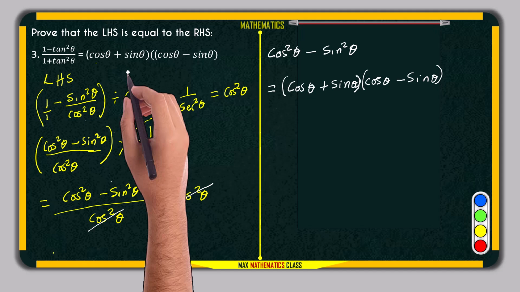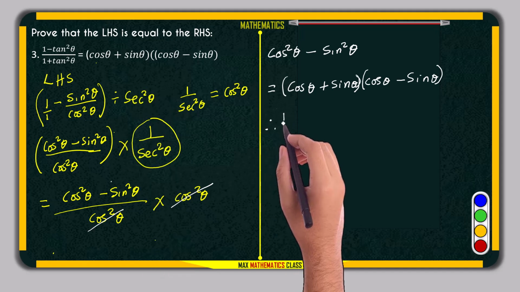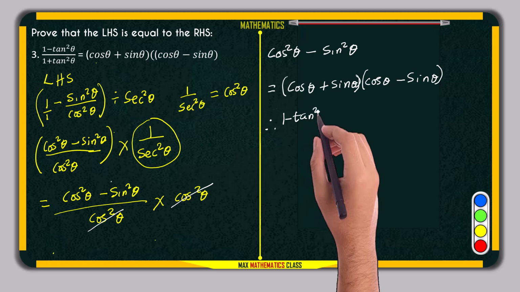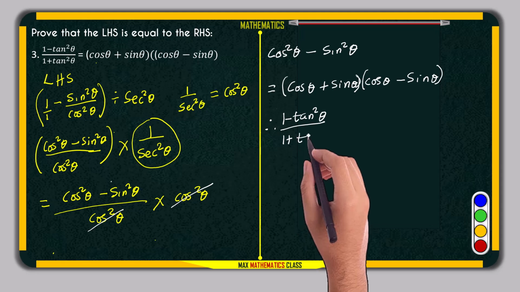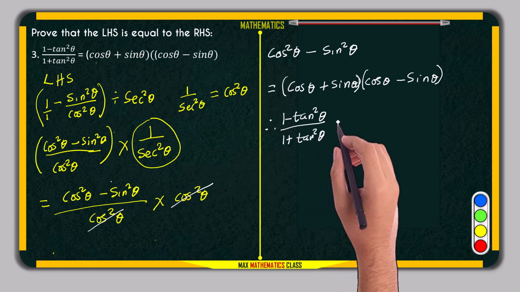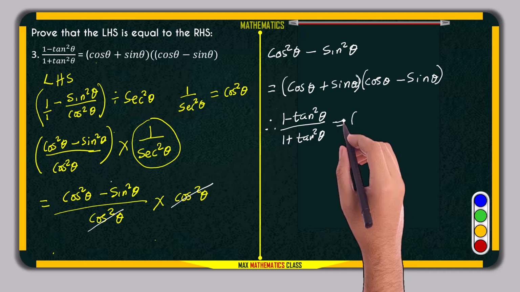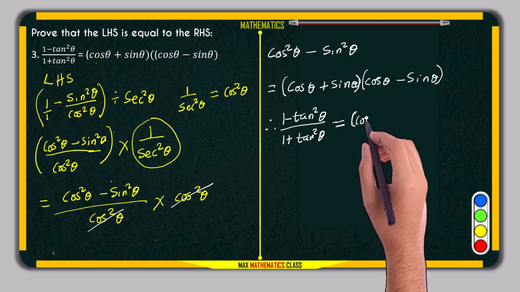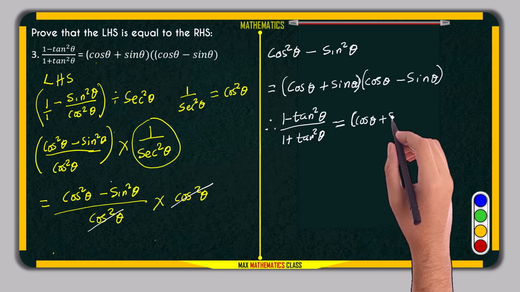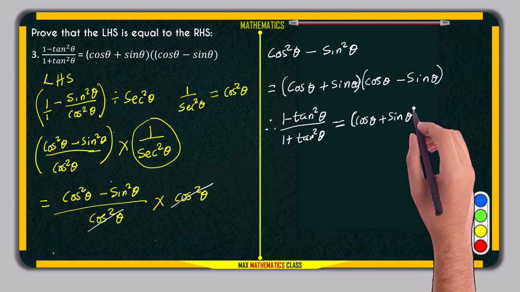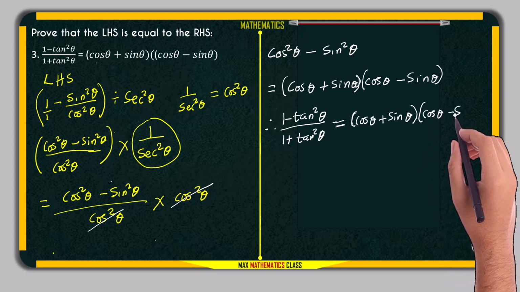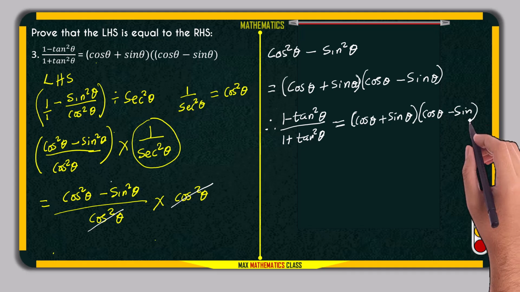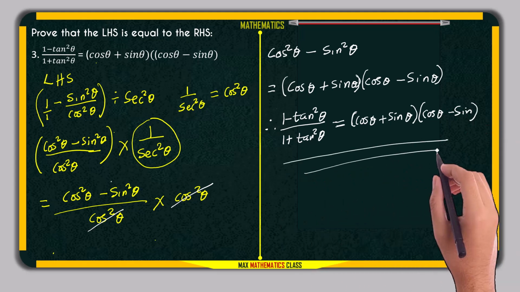So therefore 1 minus tan square theta over 1 plus tan square theta is equal to cos theta plus sine theta, then cos theta again minus sine theta. Proved again. Now let's move to number 4.